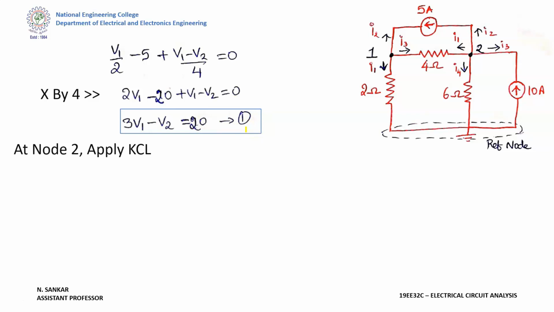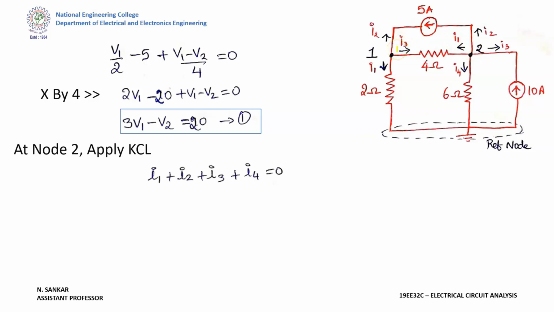Now apply KCL at node 2. Here I1 is nothing but the current from node 2 to node 1. Okay. So I1, don't confuse the I1 here with I1 here. If you want, you can just change the name as I4, I5, I6, I7. Here I1 is nothing but current from V2 to V1.